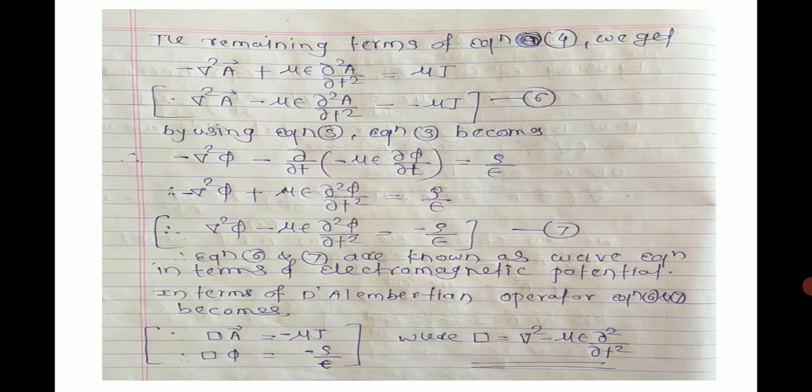Our aim was to obtain the wave equation in terms of electromagnetic potential, and equations 6 and 7 are those wave equations. Now in terms of the D'Alembertian operator, equations 6 and 7 are: D'Alembertian operator on A is equal to minus mu J, and D'Alembertian operator on phi is equal to minus rho divided by epsilon, where the D'Alembertian operator is del square minus mu epsilon del square by del t square.